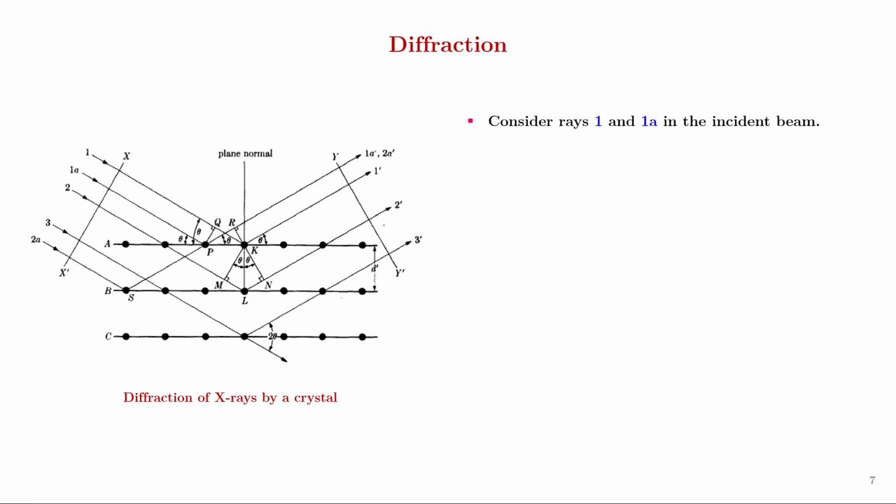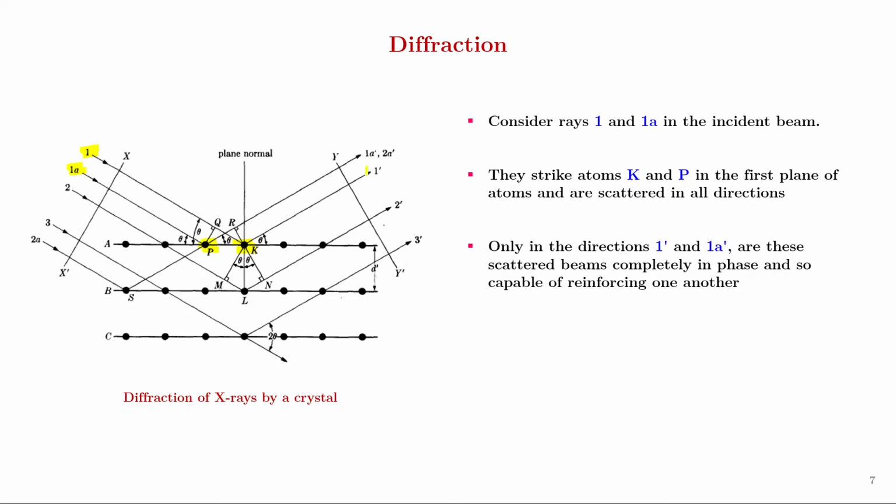To quantitatively account for the diffraction of X-rays by a crystal, let us consider rays 1 and 1a in the incident beam. They strike atoms K and P in the first plane of atoms and are scattered in all directions. Only in the directions 1' and 1a' are these scattered beams completely in phase and so capable of reinforcing one another.